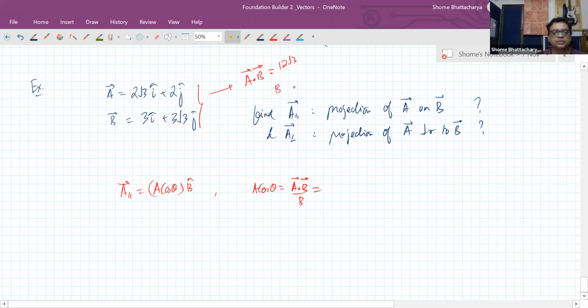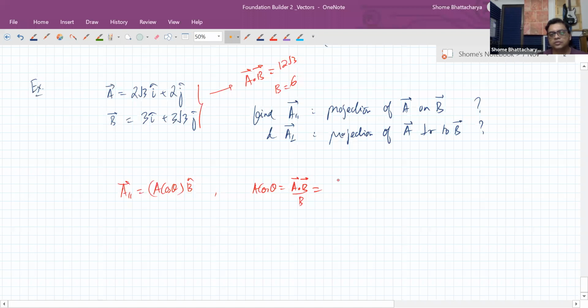Whereas B's magnitude you can see is the square root of 9 plus 27, so that is square root of 36, so that is 6.